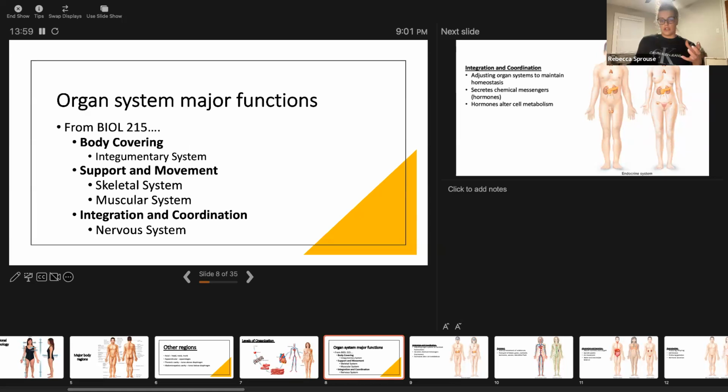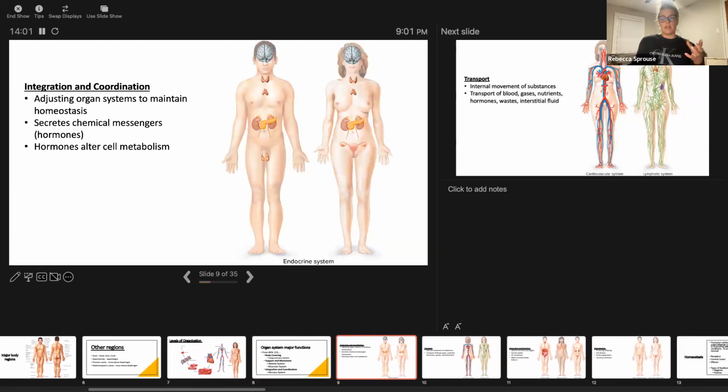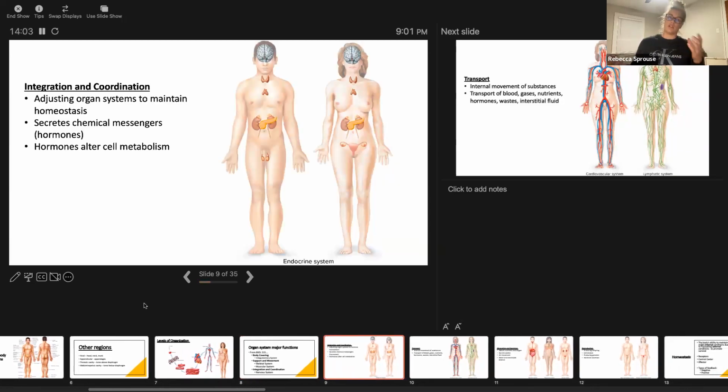Now, this term, we are also going to talk about another integration and coordination system, which is called the endocrine system. So the endocrine system is like your hormones. And what the endocrine system is responsible for is adjusting your organ systems in order to maintain homeostasis. And we're going to recap on what homeostasis is here in just a little bit. But basically, they're going to do that by secreting chemical messengers, which are your hormones.